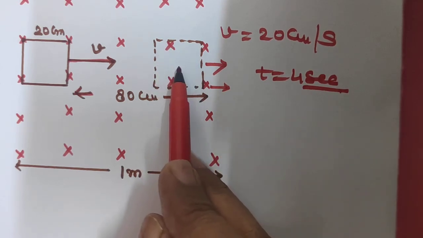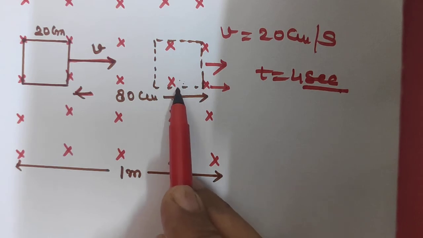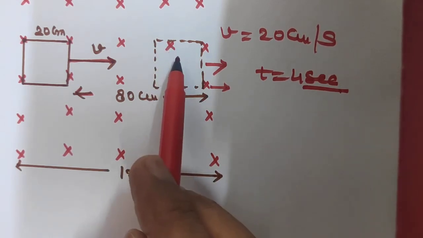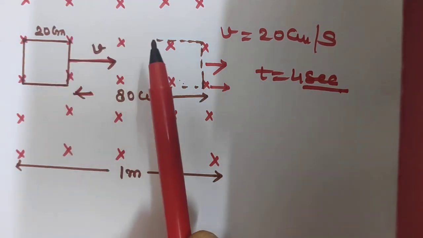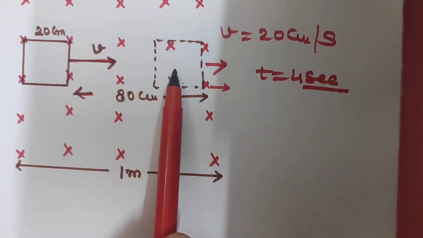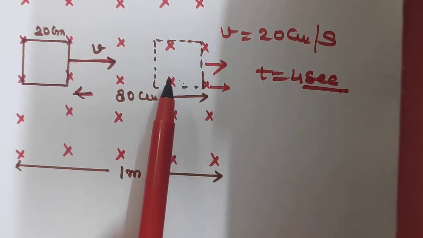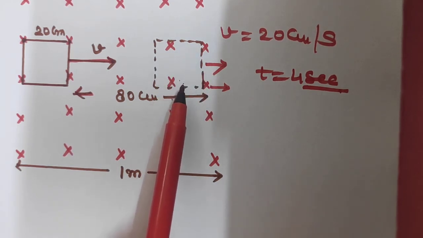So it produces a magnetic field in the same direction as the external field. Inward means south is at the upper part and north is at the down part. So this is south, that means the direction of the induced current will be clockwise.